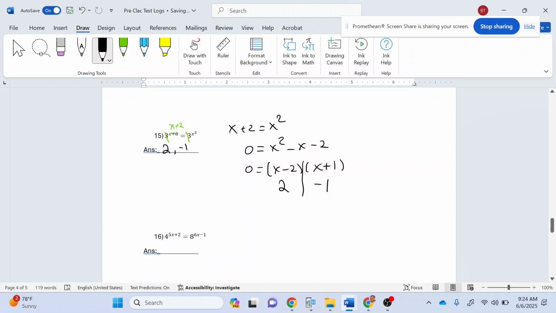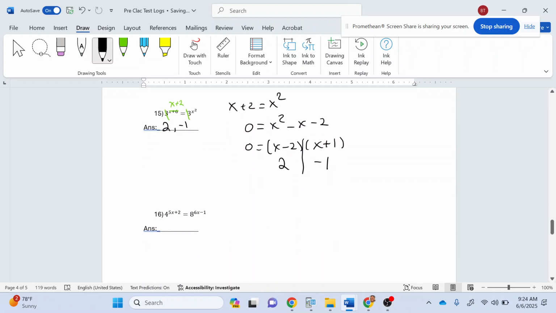If it was in a log. This one's the same. In this one, I know why I didn't change this one because it's hard to actually change. So now I'm going to make this 2 to the power of 2, 5x plus 2 equals 2 to the power of 3, 6x minus 1.